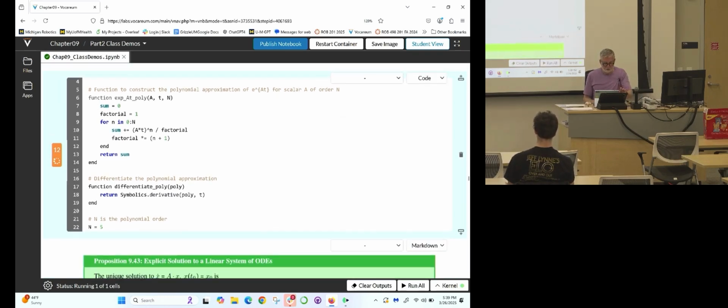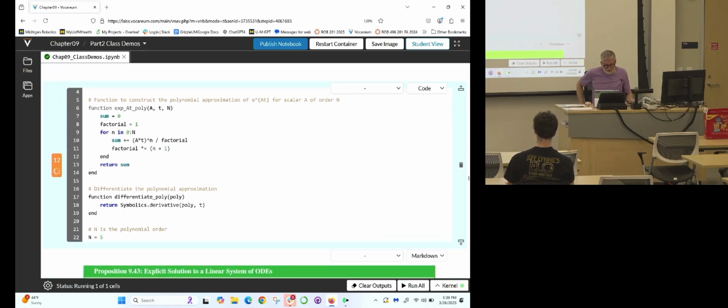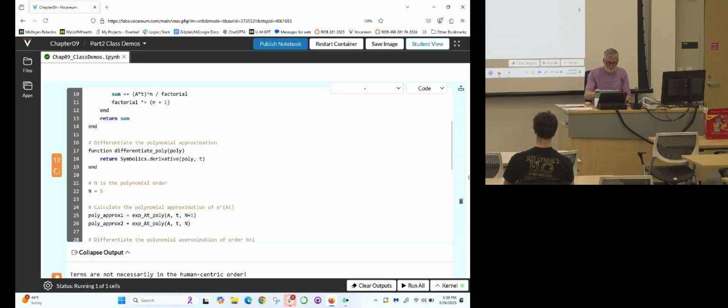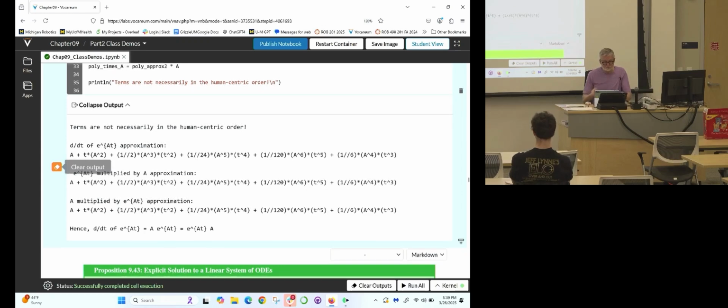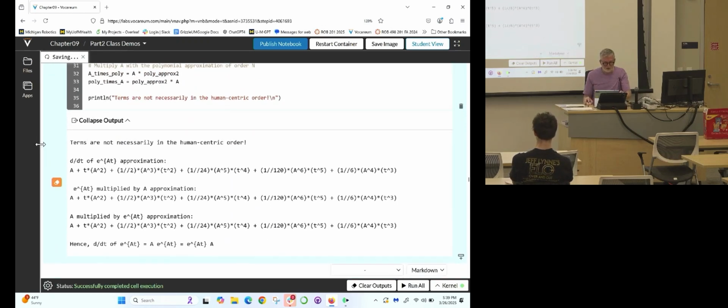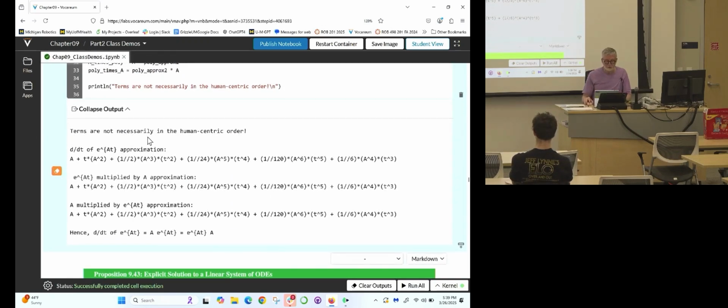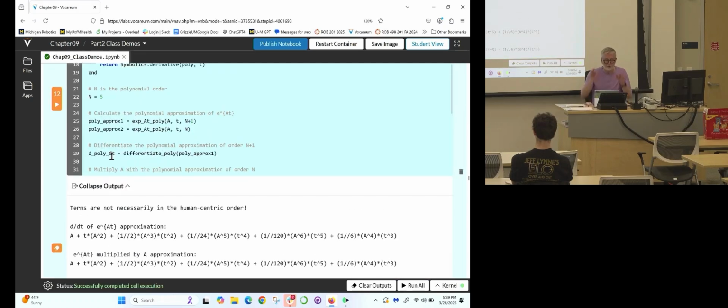I calculate e to the At, so it's I plus At plus A squared t squared over 2 factorial, up to, here I use n equals 5.